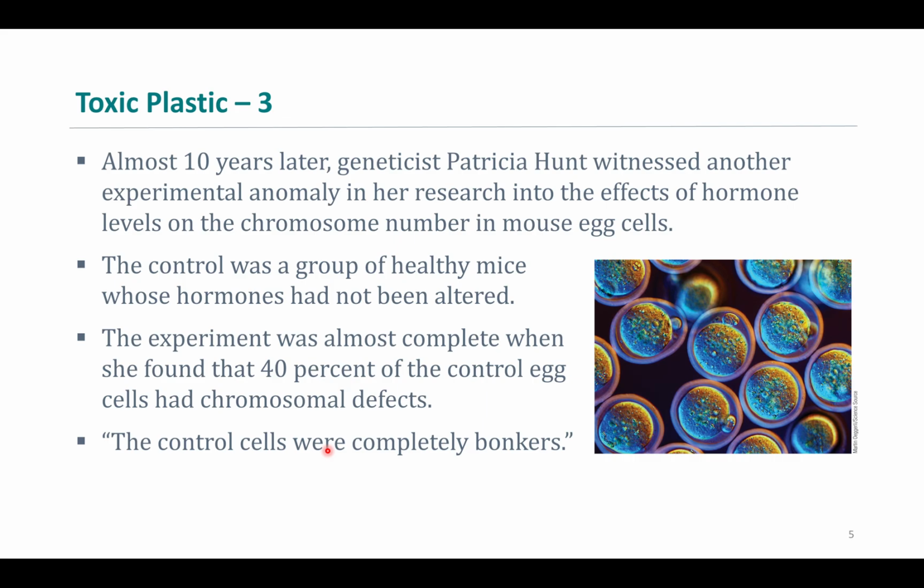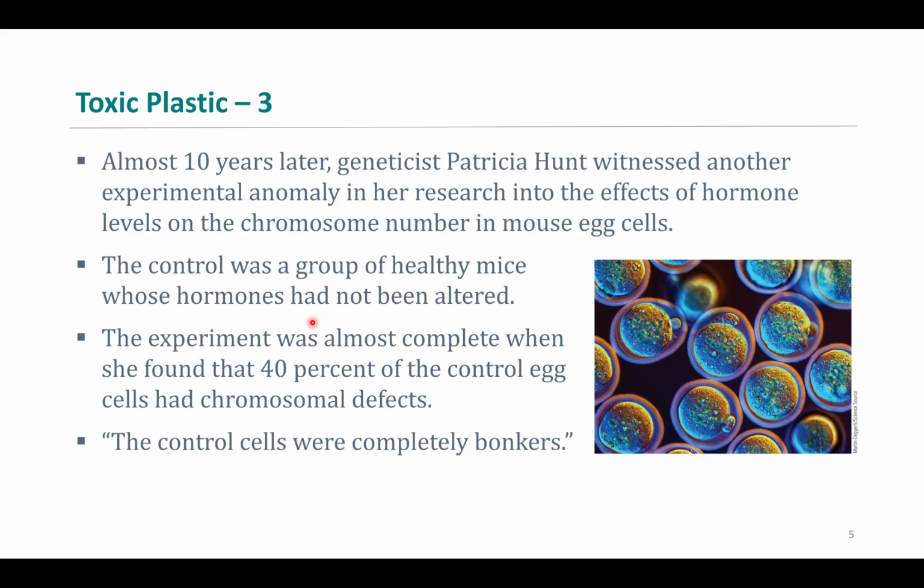And in the previous case, it was actually a detergent that they used to wash the plates, or their growth flasks. The leftover detergent was causing the abnormal cancer cell growth in the control flasks.